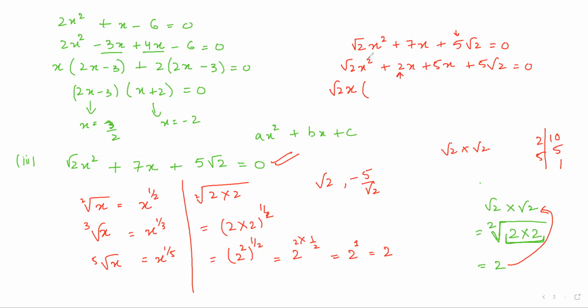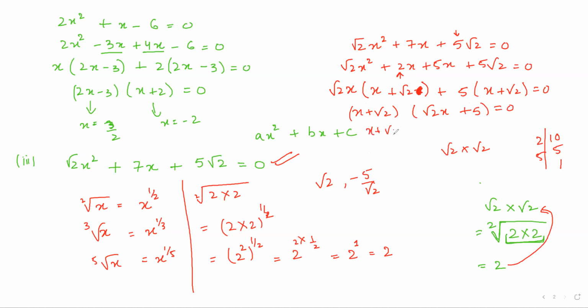So in the first term, only x will remain plus. Now 1 under root 2 is outside, only 1 under root 2 will remain. Is that okay, Martin? Plus. Now I can see 5, I can take common, and x plus under root 2. Now, sorry, this x is already outside. So x plus under root 2 and then under root 2x plus 5 is equal to 0, right?